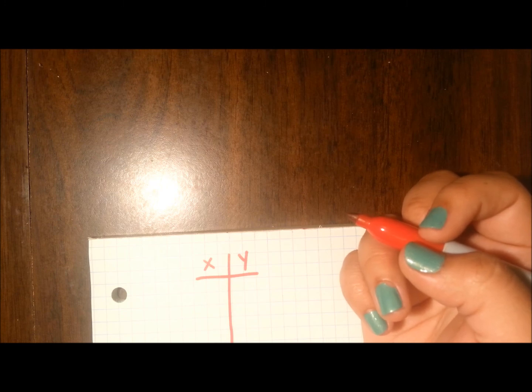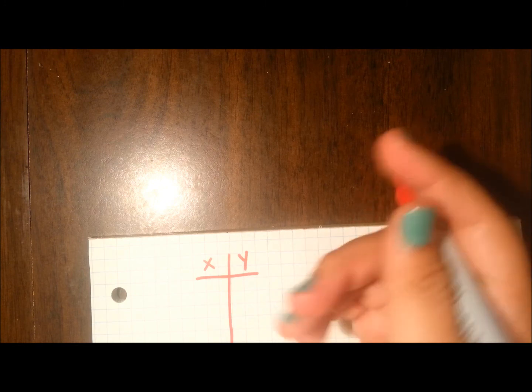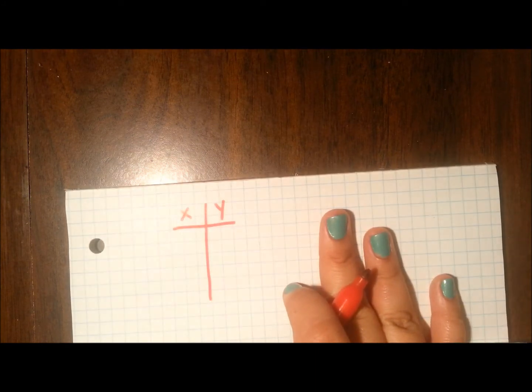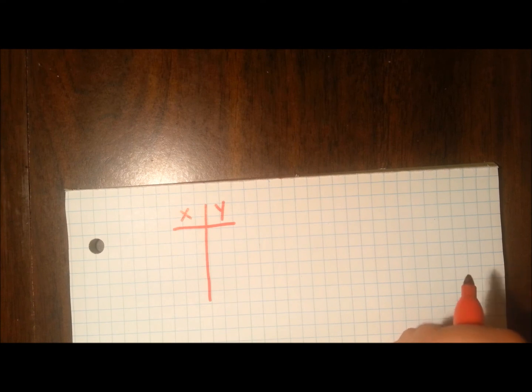They could be any number, positive, negative, decimals, fractions, it doesn't matter. The only thing is you have to pick at least 2. And the more X values that you pick, the more accurate your line is going to be.